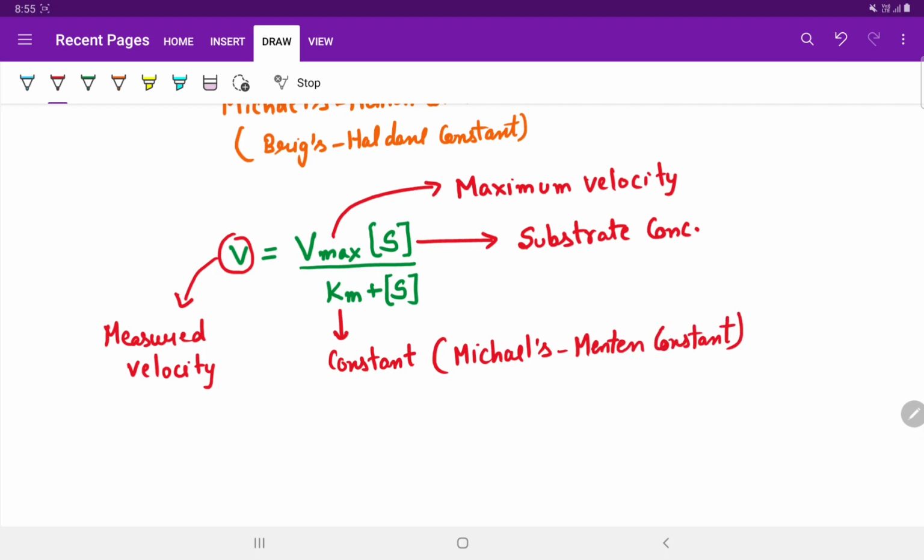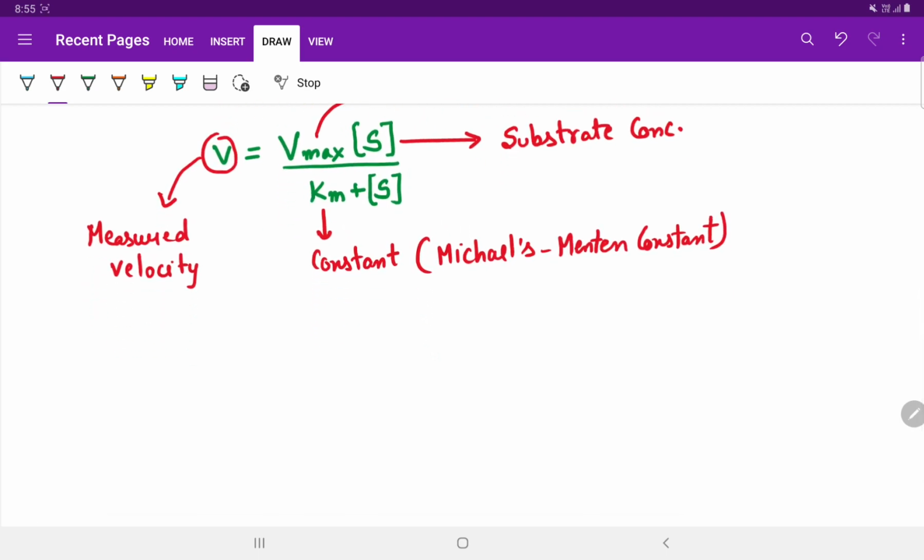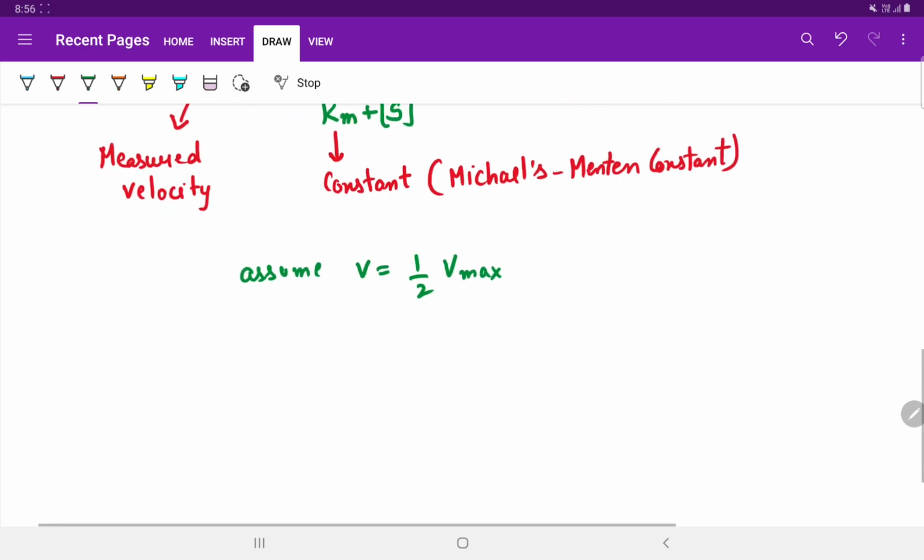Further, let us assume that the velocity V is equal to half of the maximum velocity. Using it in the equation mentioned above, it can be written as half of the Vmax.